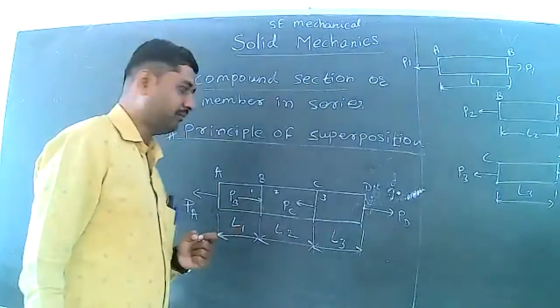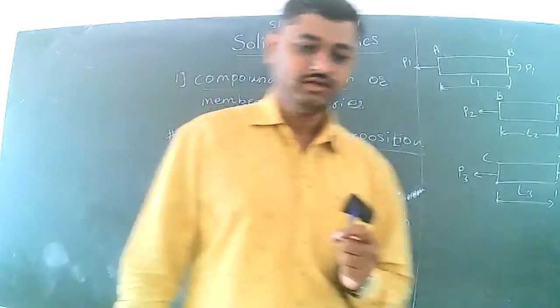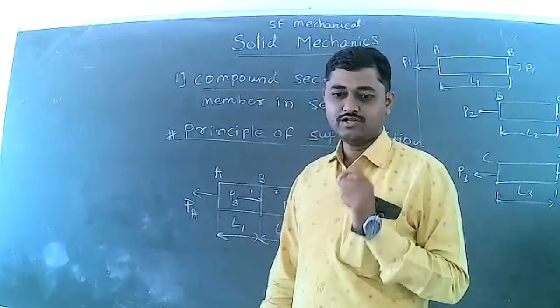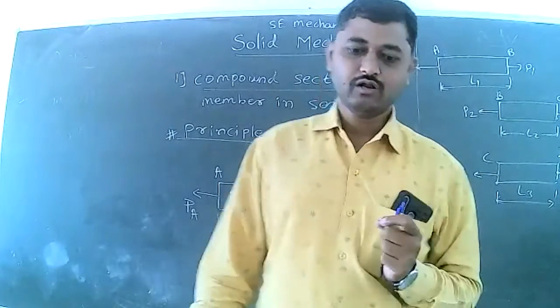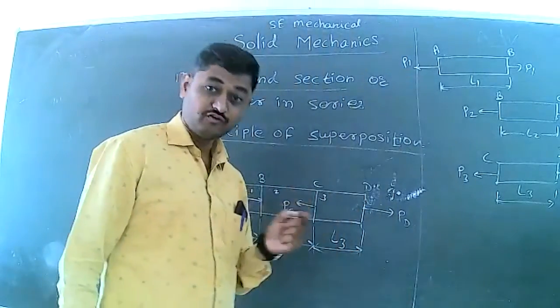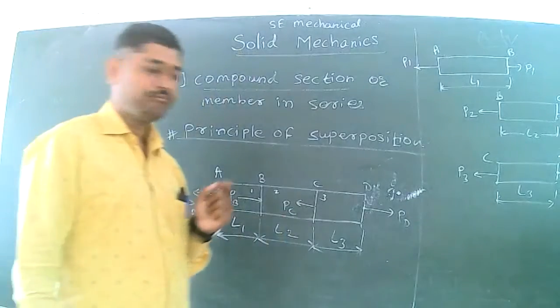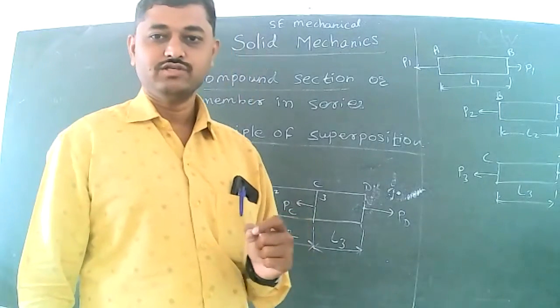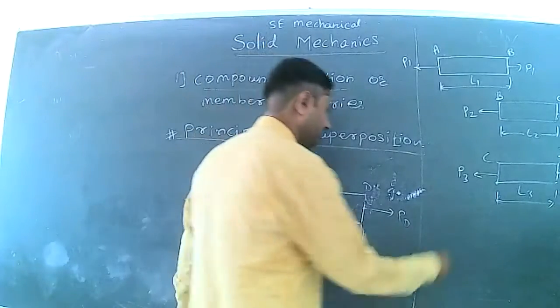In other words, the net deformation in the member is the algebraic sum of the deformations of each individual member. This is called the principle of superposition.